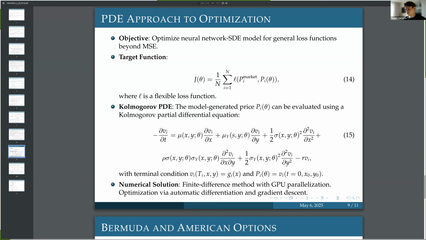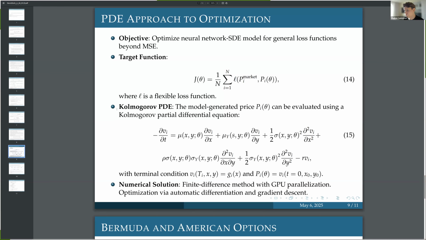To get the model generated price, it would be difficult to calculate the gradient of this loss function using Monte Carlo simulations. And they offer another way.